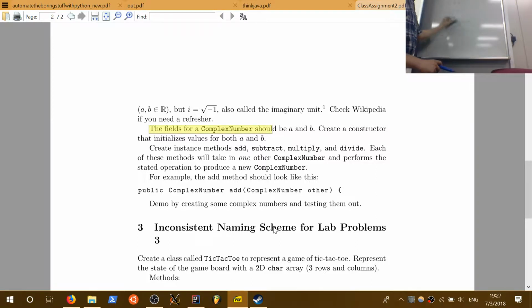For subtraction, same deal. Now multiplication is a bit trickier, because with multiplication, you're doing a times b. Now a times b means that we are doing 4 plus 3i times 7 plus 2i, which means that we have to use FOIL, first, inner, outer, last, to multiply this.